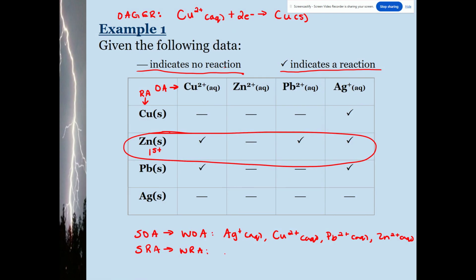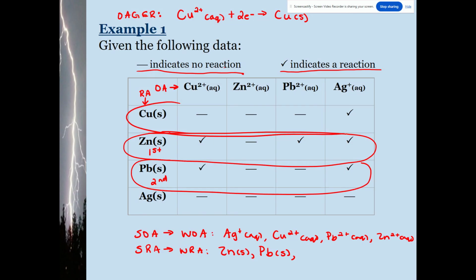So that is my strongest, zinc solid. Then there's lead. Lead reacts with 2 things, so that would be the next strongest. Then we have copper. Copper reacts with 1 metal, so that's the third strongest, leaving us with silver as the fourth strongest.